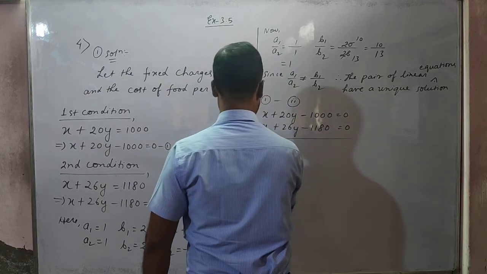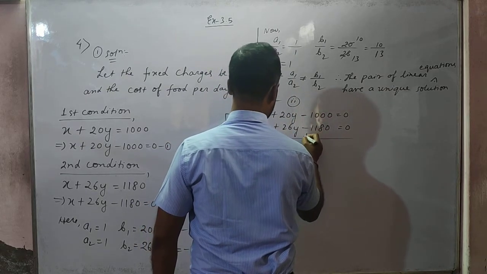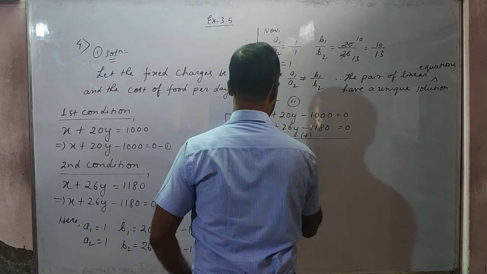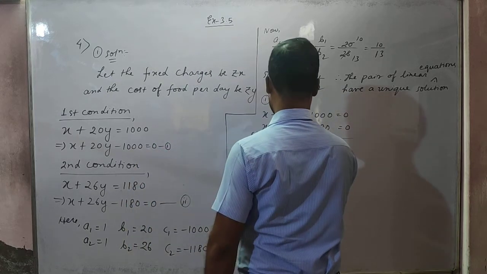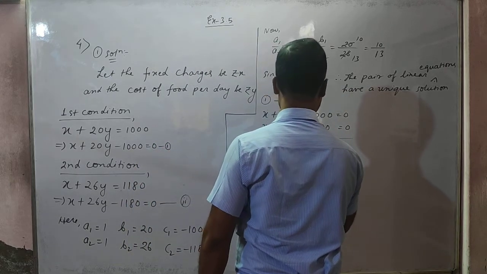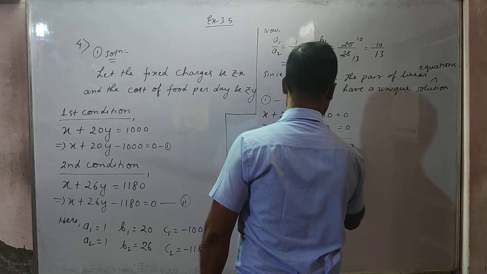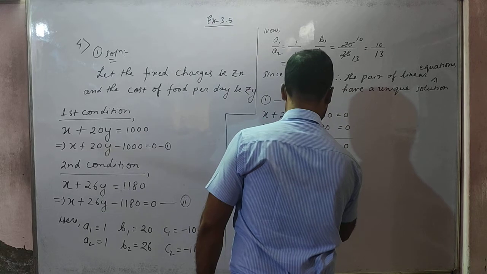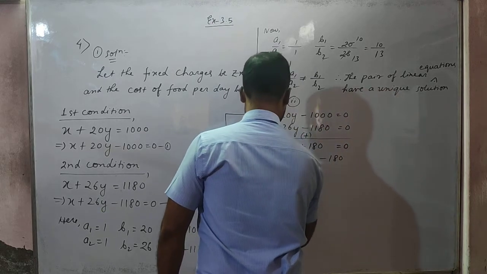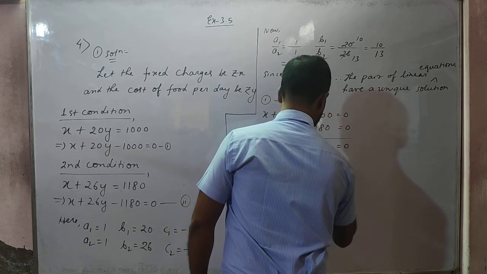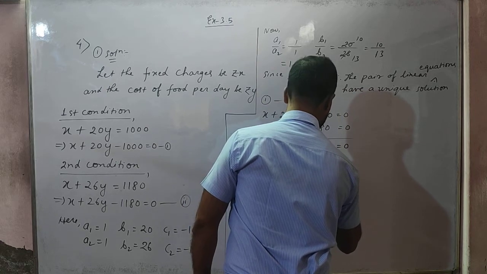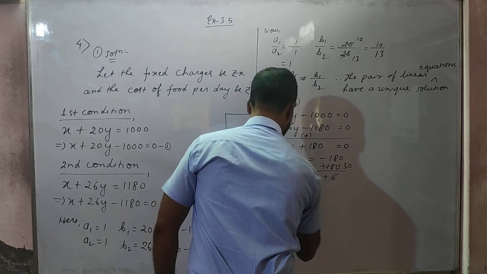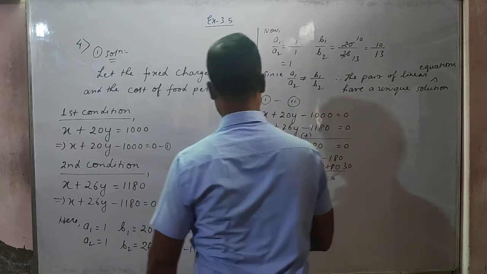So x and x is cancelled, minus 6y plus 180 is equal to 0. Minus 180 by minus 6, y is equal to 30.